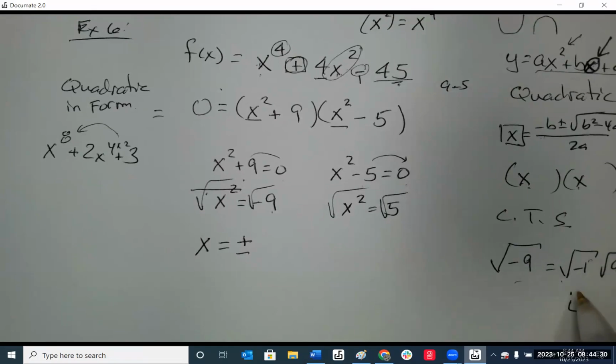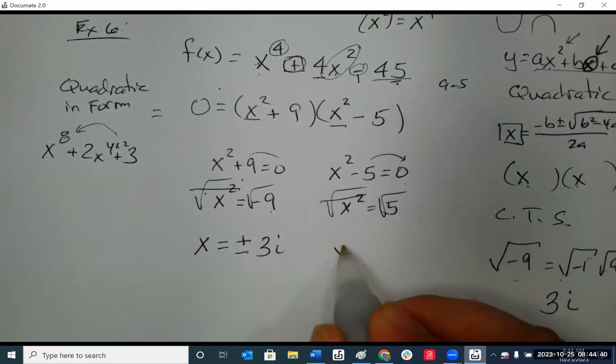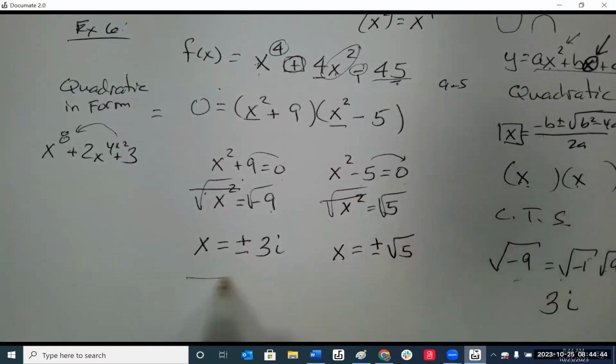The square root of -1 is an imaginary number. Square root of 9 is 3. So it's plus or minus 3i. Those cancel. Plus or minus square root of 5. These are our 4 answers. We have 2 x-intercepts and 2 numbers out somewhere.